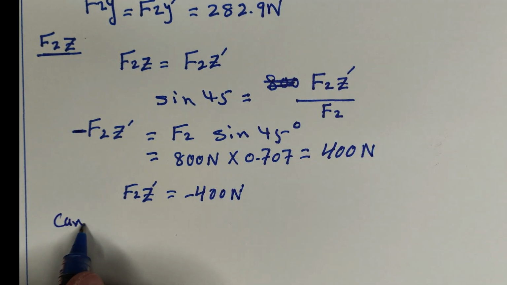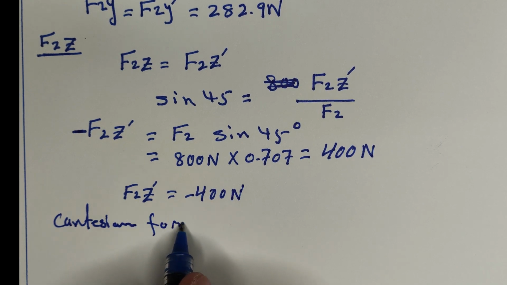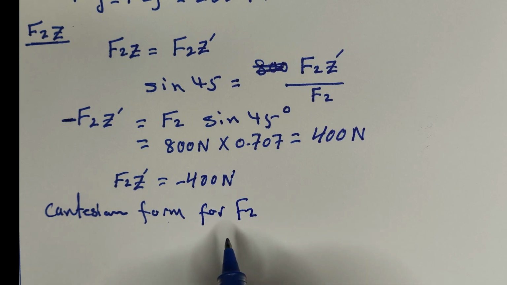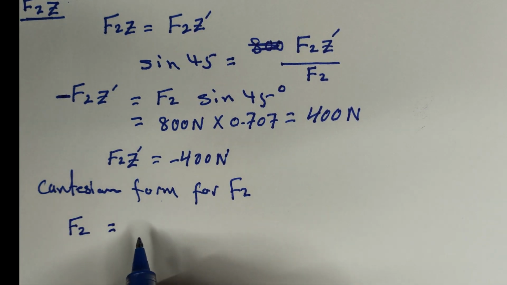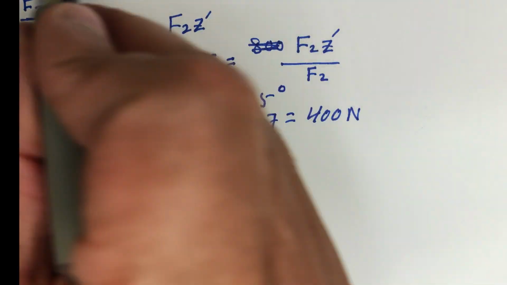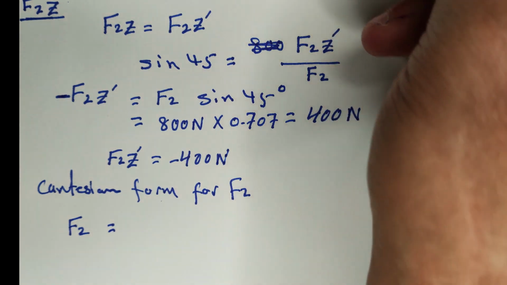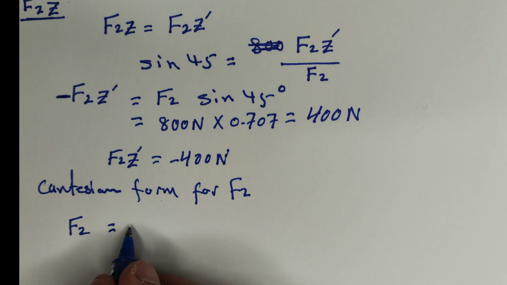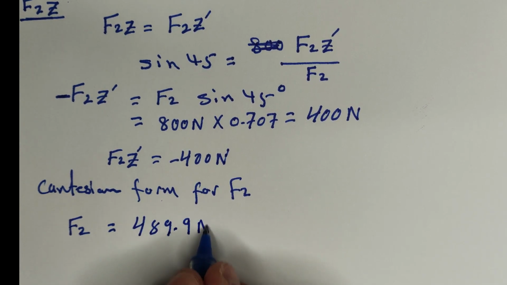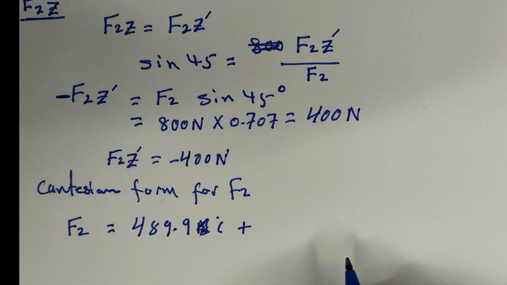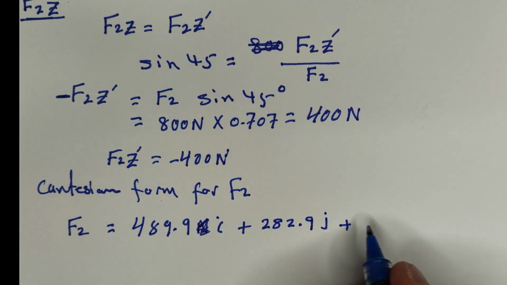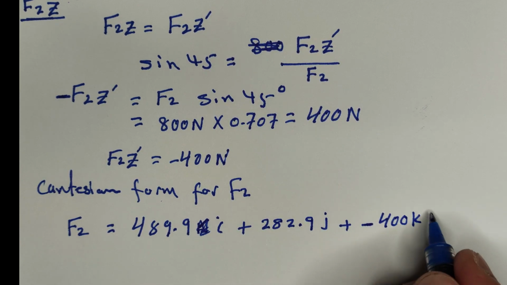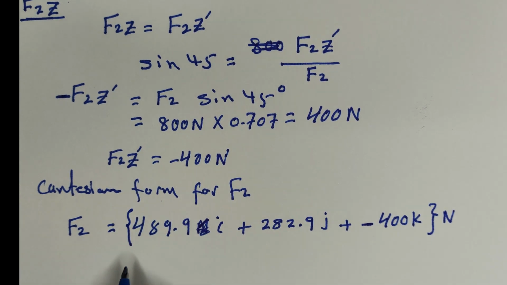Cartesian form for F2, we know that F2 equals the x component, which we found to be 489.9 Newton i, plus the y component 282.9j, plus the z component, which is negative 400k, and of course it is in Newton.